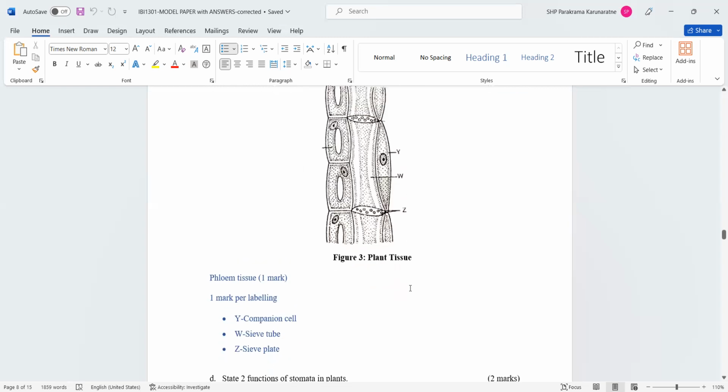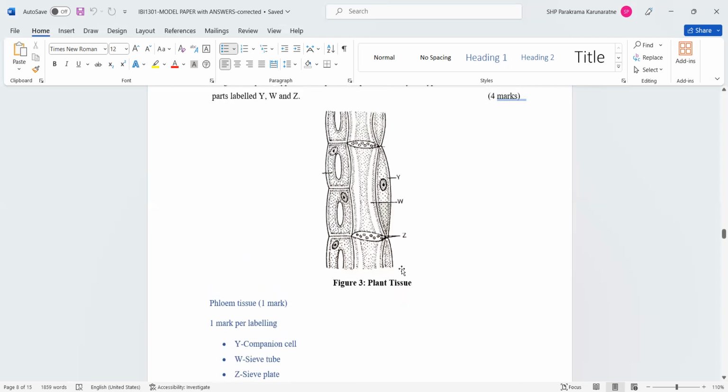Right. Likewise, you can get the ground tissue or the xylem cell. In xylem, you know, tracheid cells are there and vessel elements are there. So if you are asked the functions of those things, you have to tell clearly. And in xylem, you find these cells like tracheid cells.